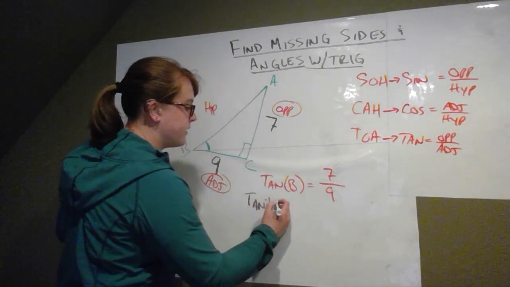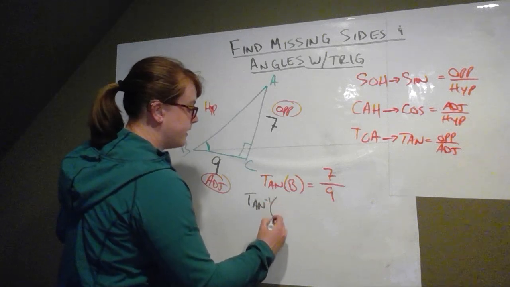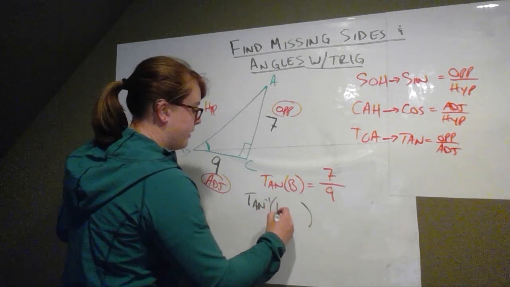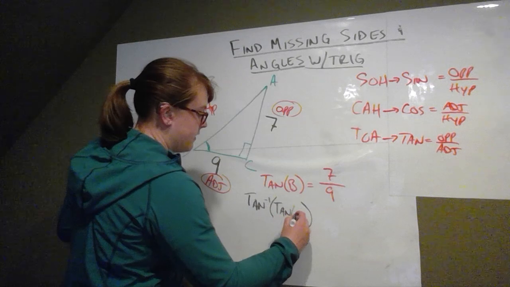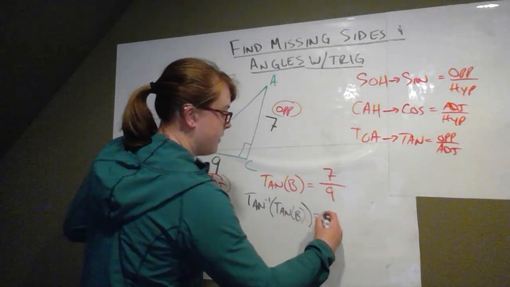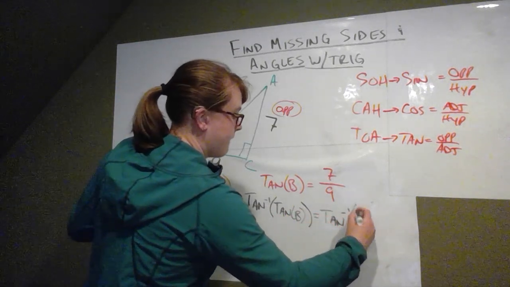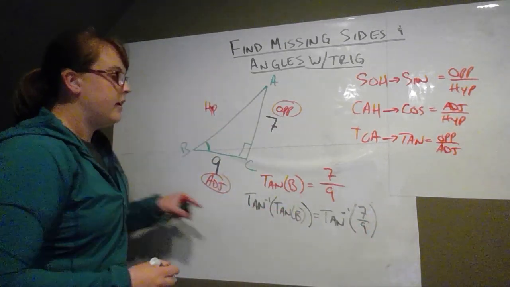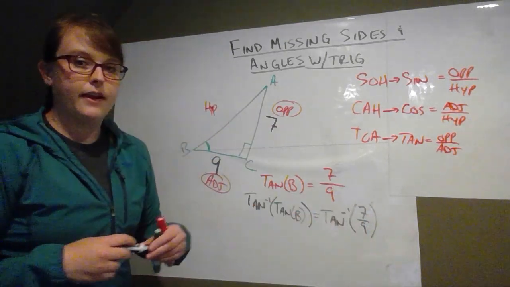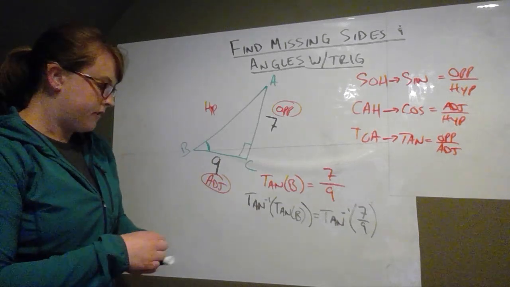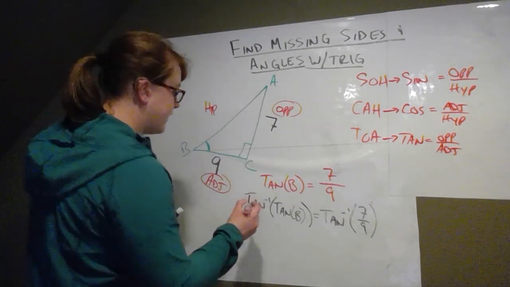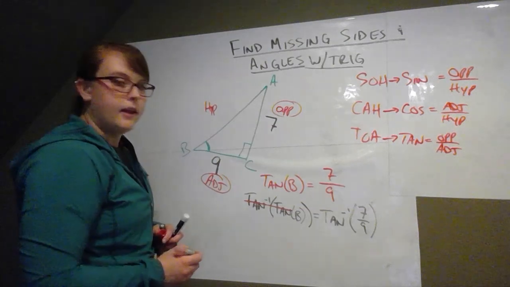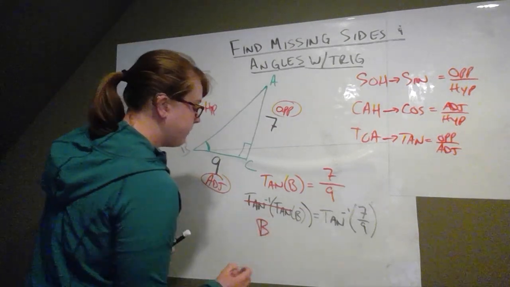It looks like tangent to the negative first. It undoes tangent. So I'm going to do that to both sides. So tangent inverse of tangent of B equals tangent inverse of 7/9. So then my tangent inverse cancels out my tangent, and we're just left over here with angle B.